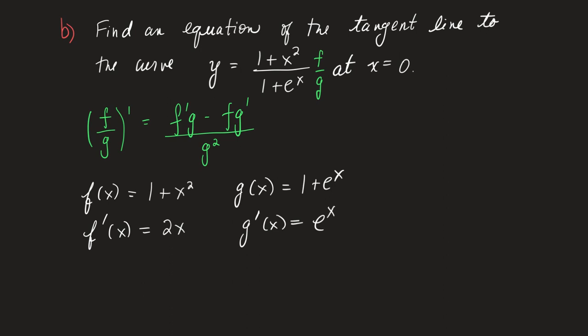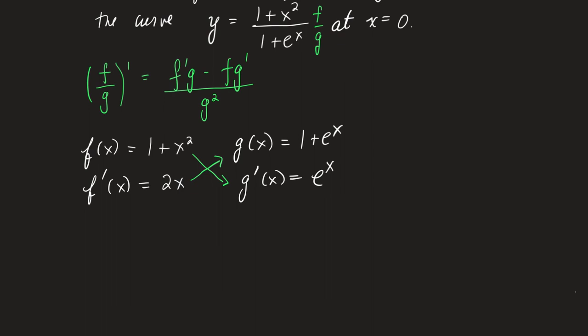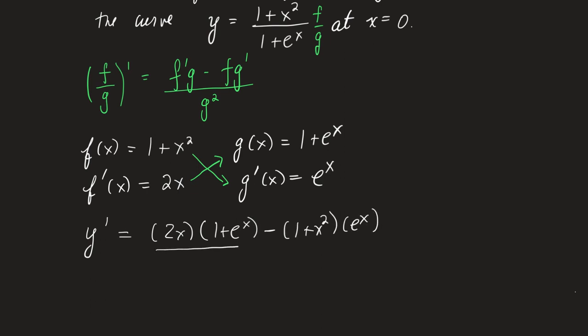So now we're going to go ahead and use the quotient rule. Our derivative, y prime, is equal to f prime g minus f g prime all over g squared.